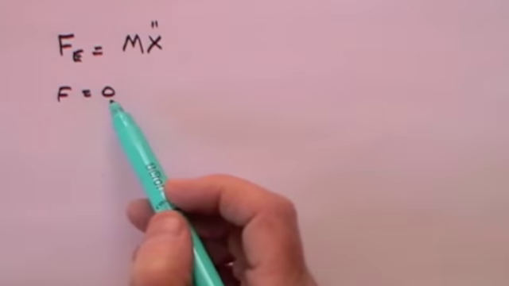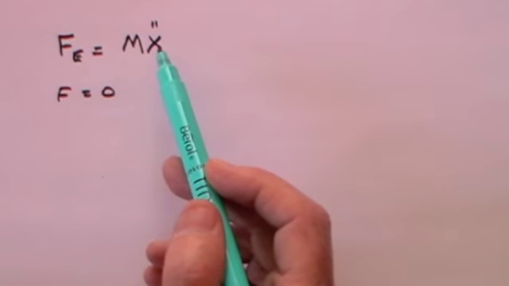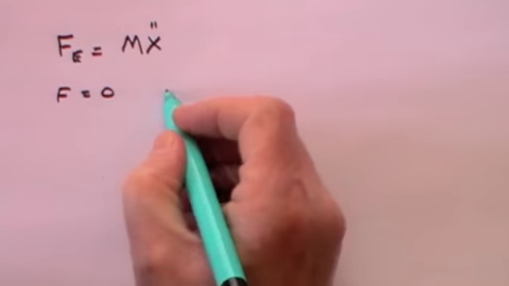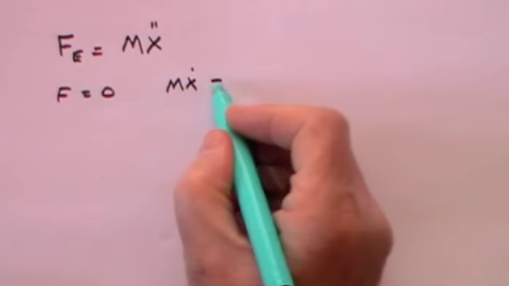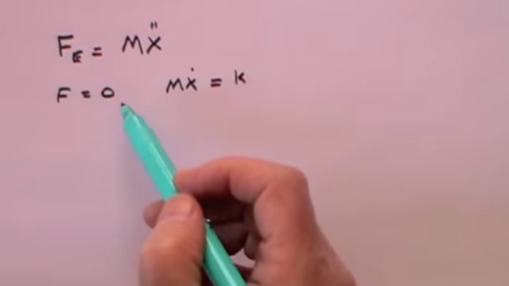Well, if the force is zero, that means that the acceleration is zero. That means there is no change in velocity, which means that m x dot, x dot of course being the velocity, is a constant. Because there's no change in velocity, because there's no acceleration, because there's no force. What is m x dot?